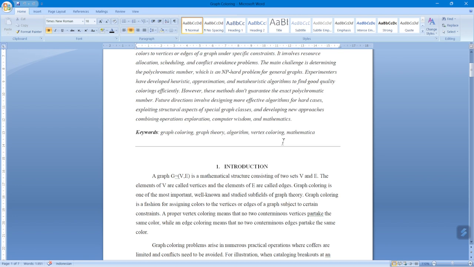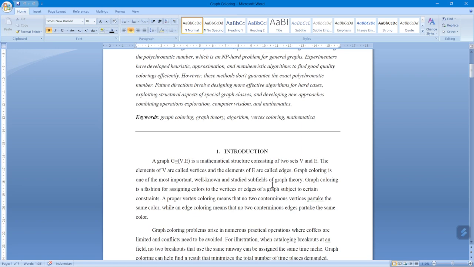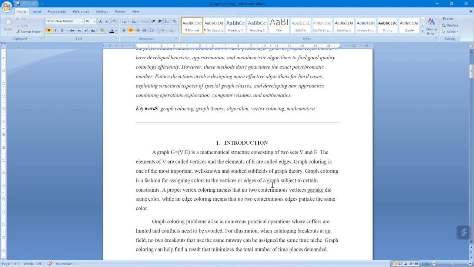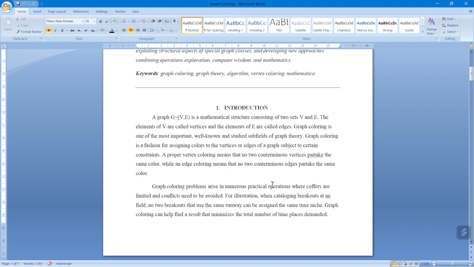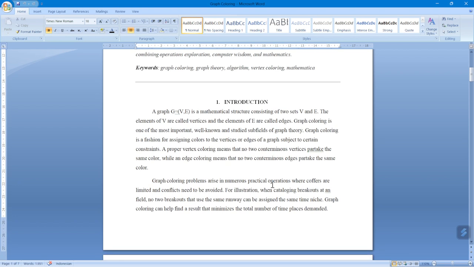The goal is to avoid conflict and optimize resource allocation. Determining the chromatic number is an NP-hard problem, and heuristic and meta-heuristic algorithms can provide good coloring. They do not guarantee an optimal solution.